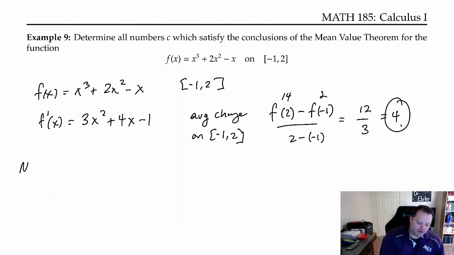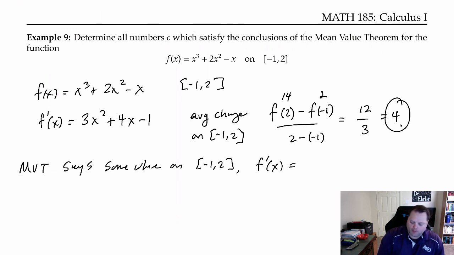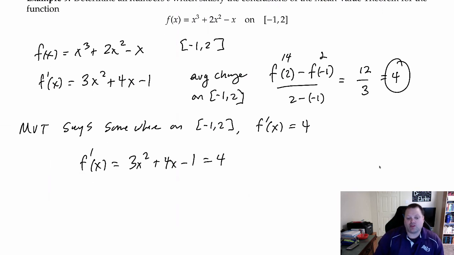So mean value theorem says somewhere on the interval, my derivative must be 4, right? Somewhere on the interval, the derivative must be 4. So let's set the derivative equal to 4 and figure out where that happens. So we're going to solve for x.